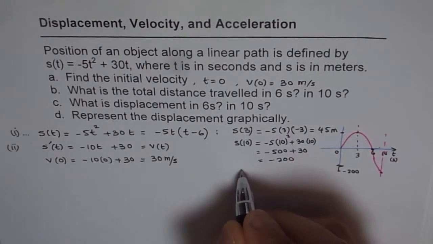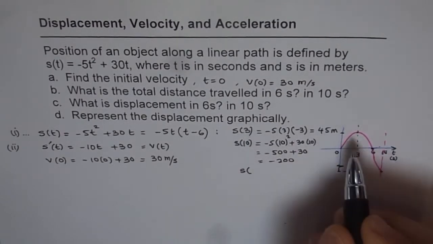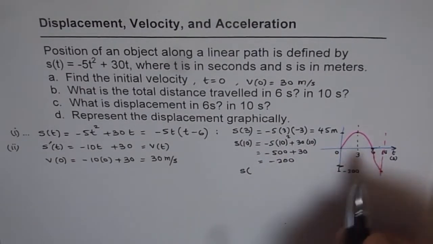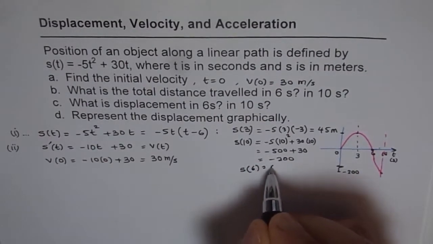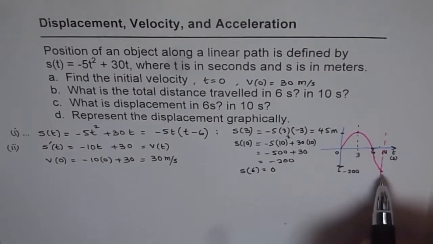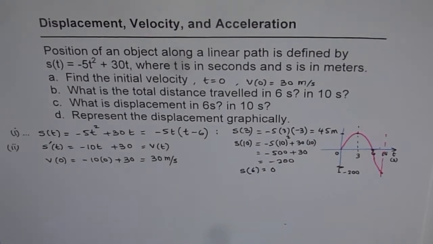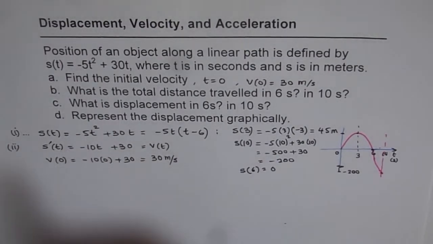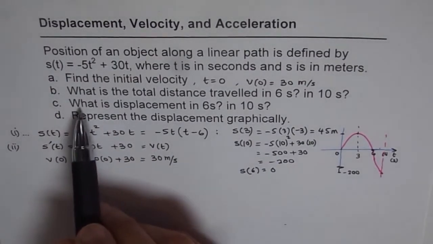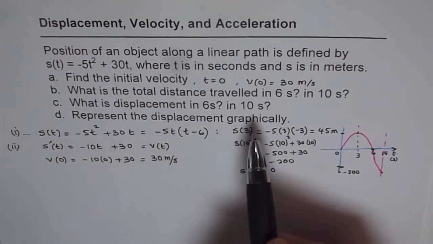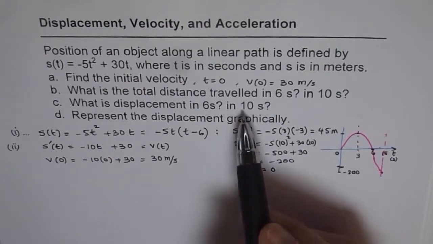Now let's write down. So s at 3 is 45 meters, at 6 it is 0, and at 10 it is minus 200. So these values will help us to answer part B of the question, right? Actually I should have written part B later on, but the part C should have been answered first, which is what is the displacement in 6 seconds and in 10 seconds. So think like this. We are answering part C at present, okay?